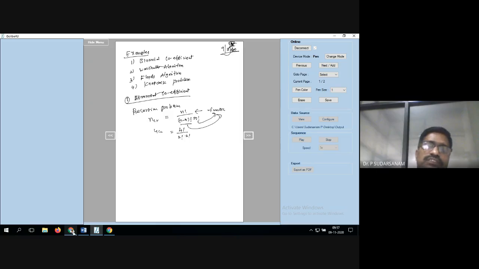Now what we have to do here is solve the overlapping problems. If you want to write this function, read n, r, and the function is fact of n divided by fact of n minus r into fact of r.